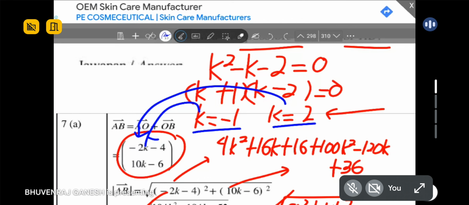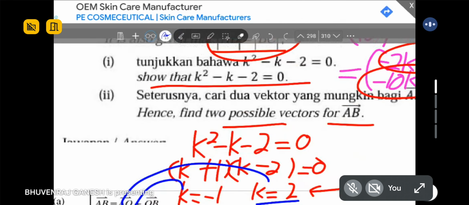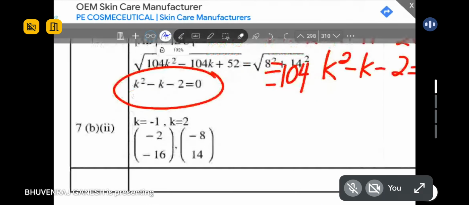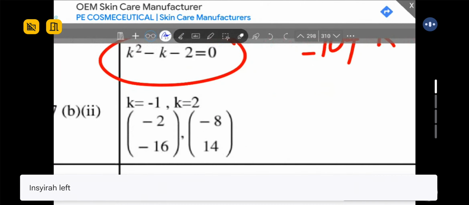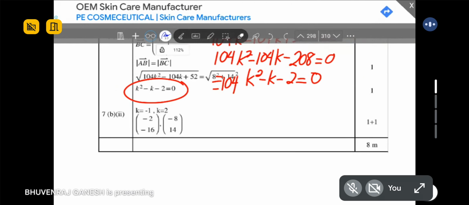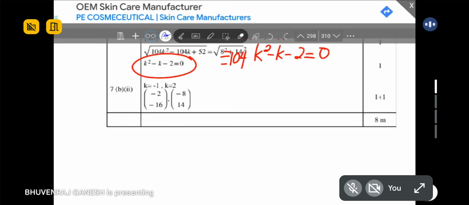You substitute one by one. Okay, that's why you see the question says find the 2. Cari 2 vector. Because you have 2 K values. So, you just write out 2 answers. Okay, tulis saja 2 jawapan. Okay, so these are your answers. Okay, clear guys? Jelas? Question 7. Understand how to solve? Can? Boleh?